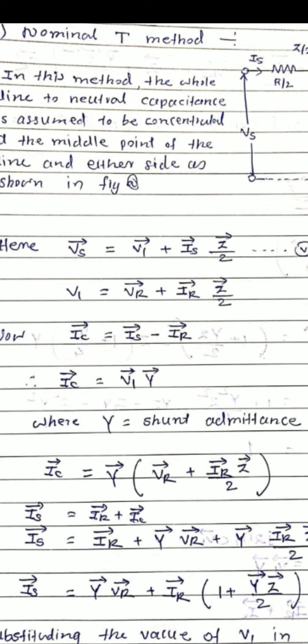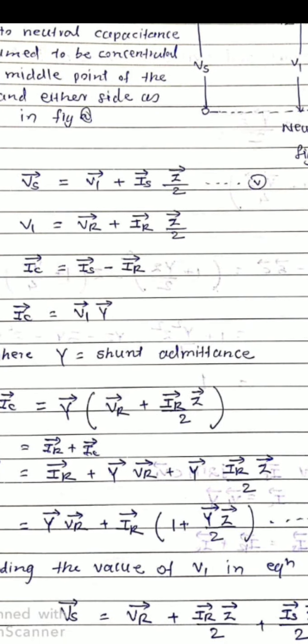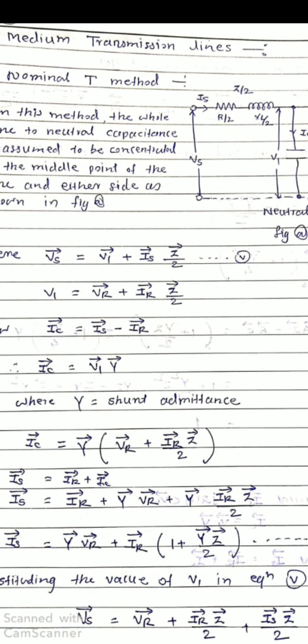Then IS is equal to IR plus IC. Put the value of IC that you have already calculated above. So IS is equal to IR plus admittance Y, VR plus admittance into IR into Z divided by 2.